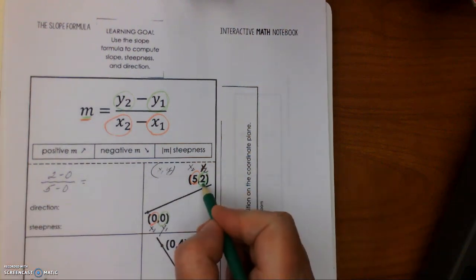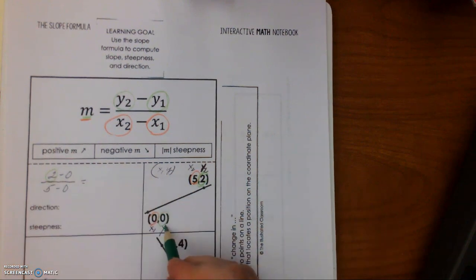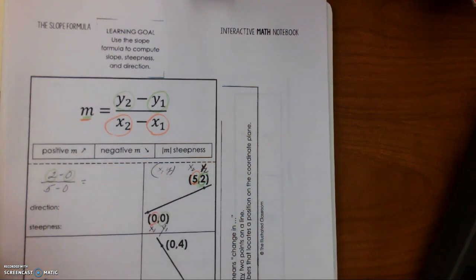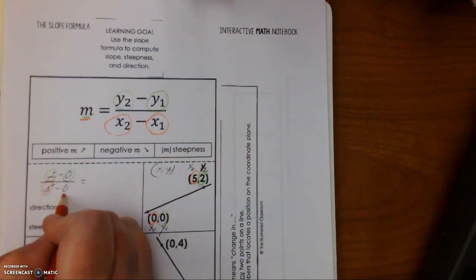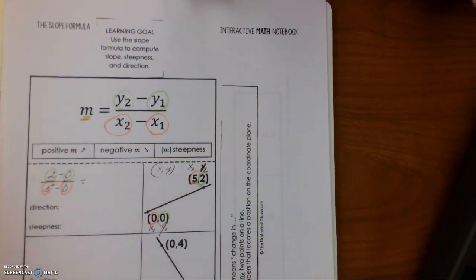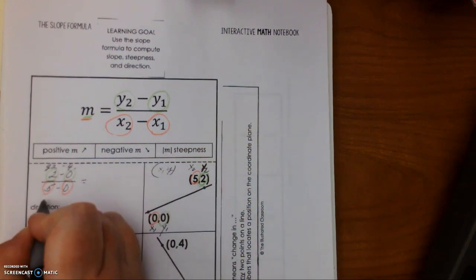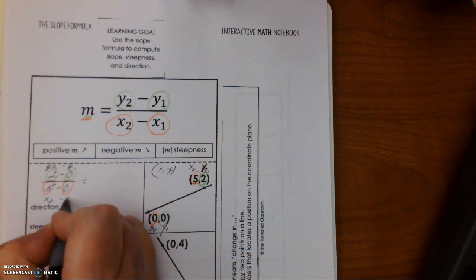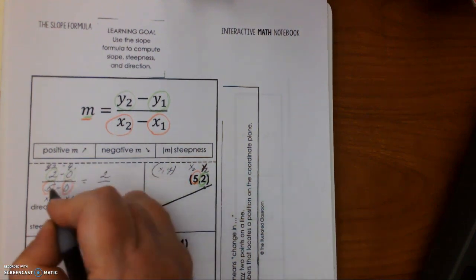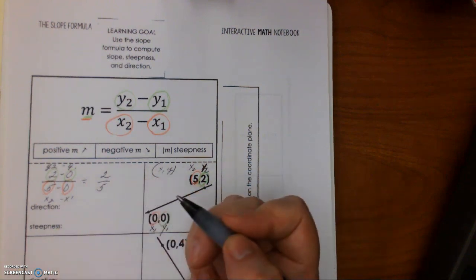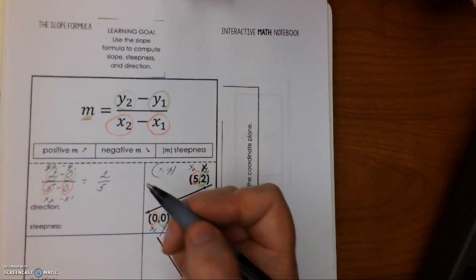So just so that you know, the 2 is here, and the 0 is here, and the 5 is here, and the 0 is here. So again, this is y2 minus y1 over x2 minus x1. So 2 minus 0 is 2, and 5 minus 0 is 5. So the slope is 2 over 5.